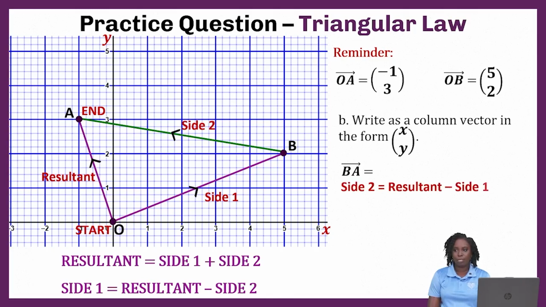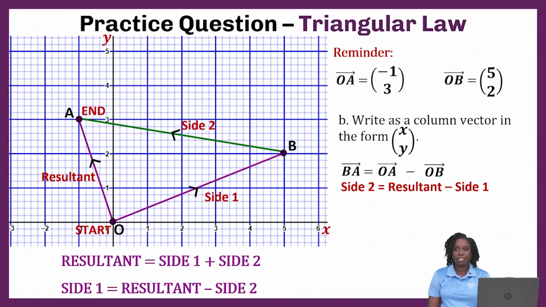So side 2 is equal to resultant minus side 1. Well, what is the resultant? According to our graph, the resultant is OA, and we're going to minus side 1, which is OB.